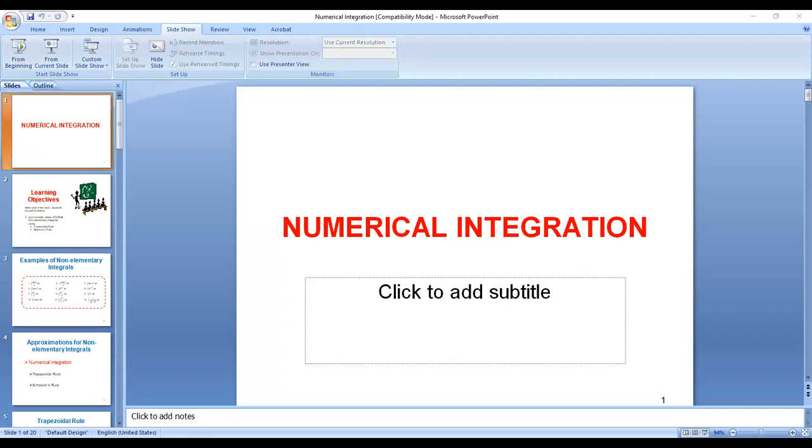Okay, so we are now on the topic of numerical integration. It's very easy actually. It's the way we determine the values of non-elementary integrals using two approximation techniques.